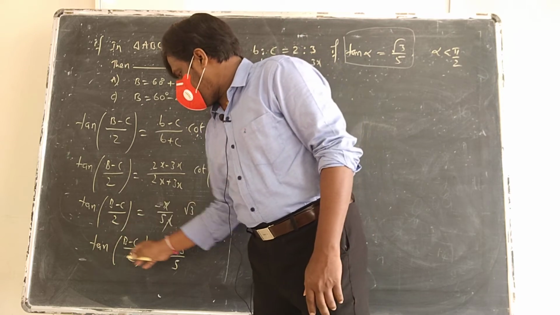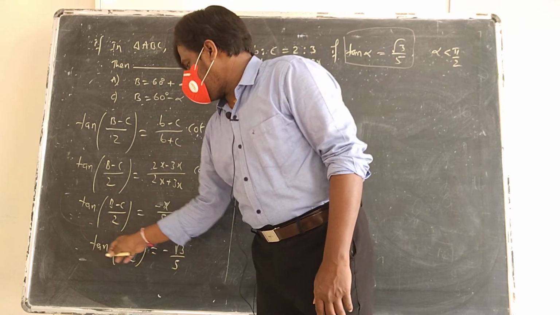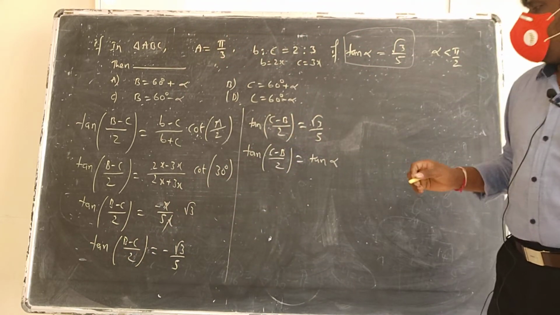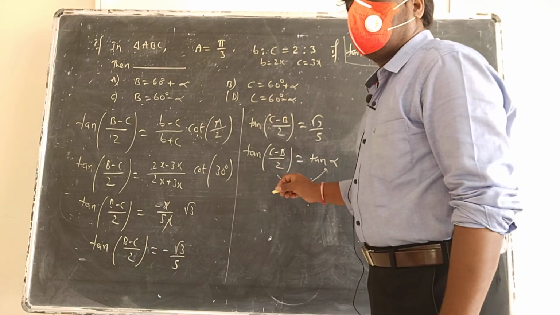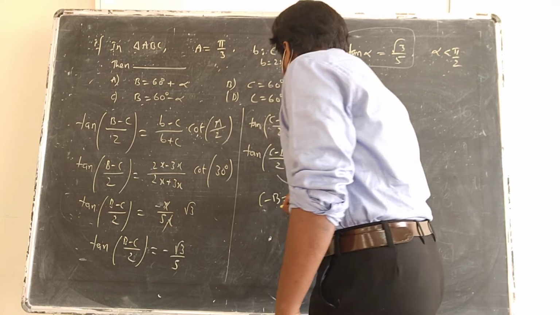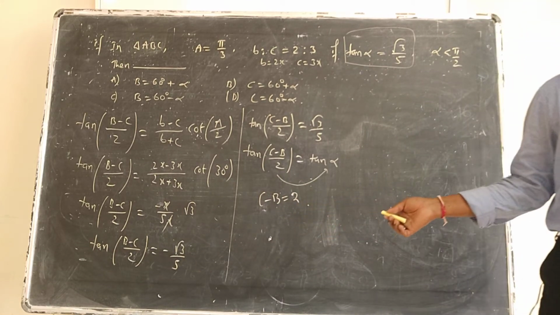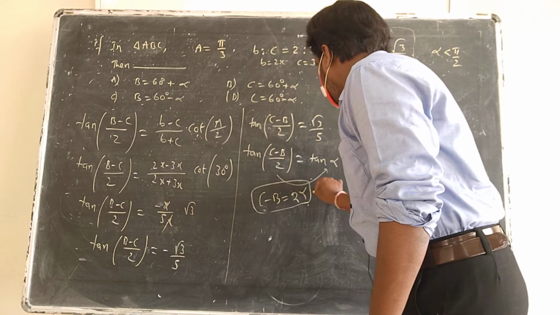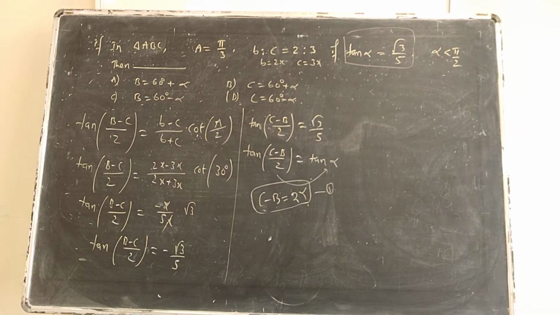If I multiply by minus on both sides, the right side becomes plus and the minus goes inside, so you get C minus B by 2. Now the tan is the same, so I can equate the angles. So (C minus B) by 2 is equal to alpha. So C minus B is equal to 2 alpha. This is one equation I got.